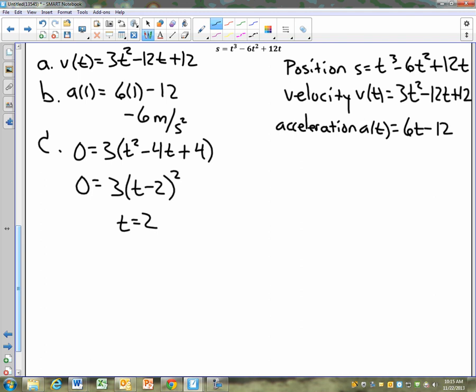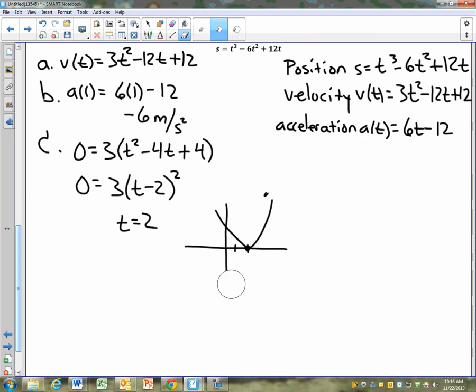If you were to graph this velocity function, 3 times t minus 2 quantity squared, that's a parabola that's shifted to the right how many units? 2. In fact, it has a vertex of 2, 0. Does that graph ever go below the x-axis? So is the particle ever going in the negative direction? No, it slows down and stops, but immediately starts going in the positive direction again is what happens. That's what happens when you have a double root often, is that type of behavior.